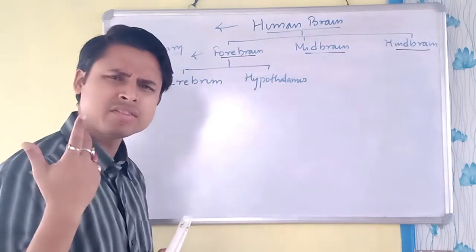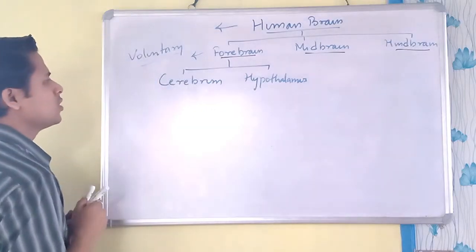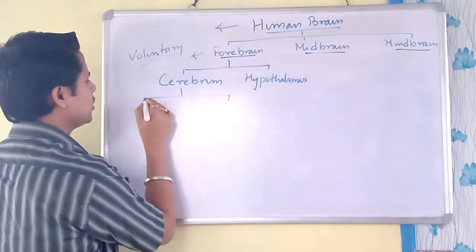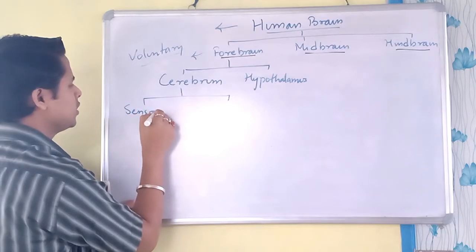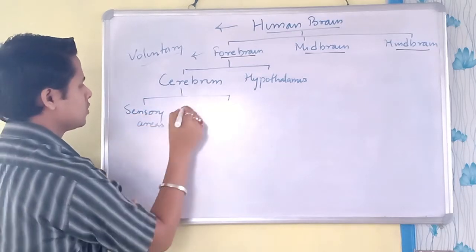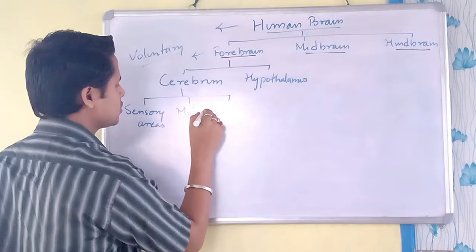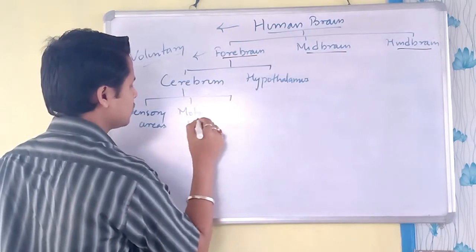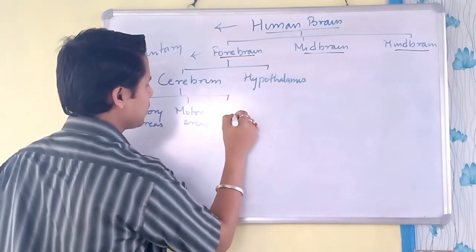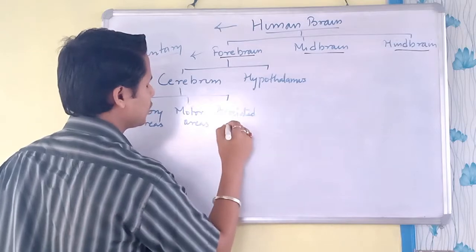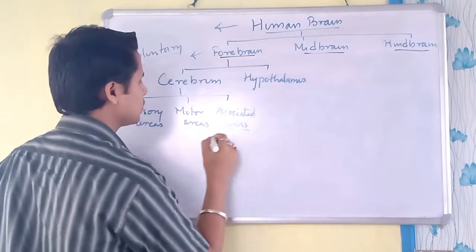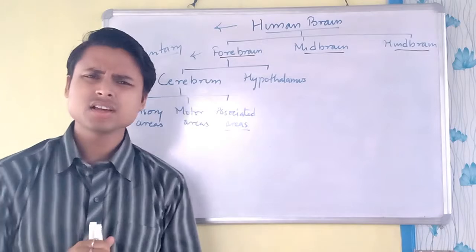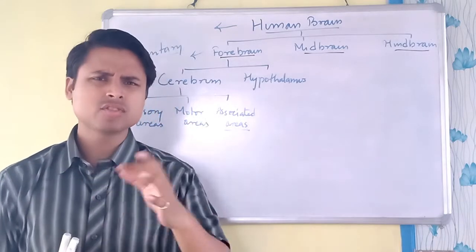This cerebrum has 3 important areas. We call them sensory areas, motor areas, and associated areas, right? Sensory areas and motor areas are taking the information.